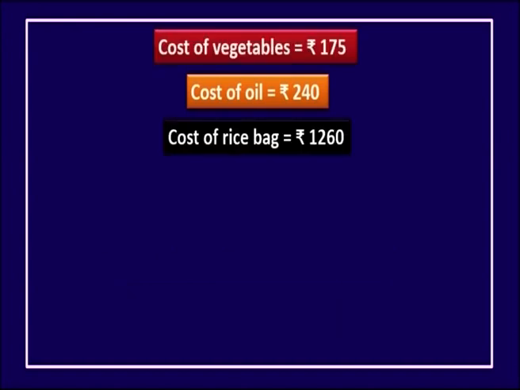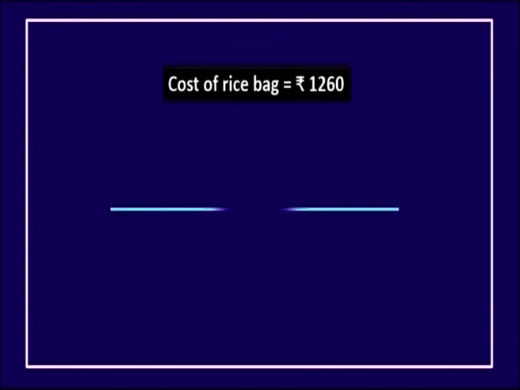Now let us move on to the last one, that is the cost of the rice bag, which is 1260 rupees. Now this lies between 1200 and 1300. Now mark 1260 children and see which is nearer, 1200 or 1300. So if you notice, yes, it is nearer to 1300.